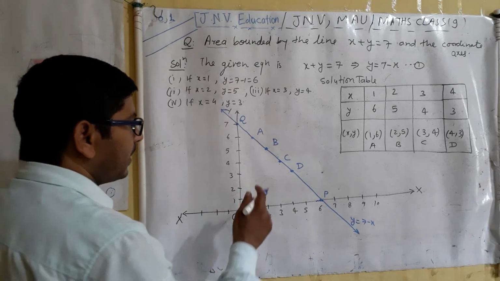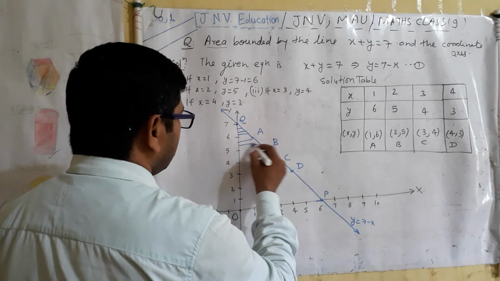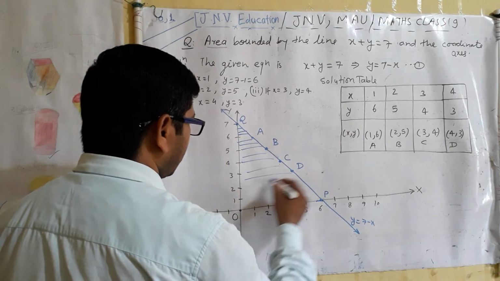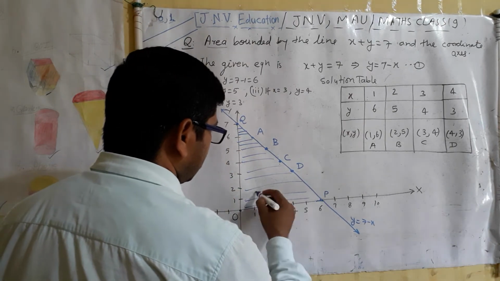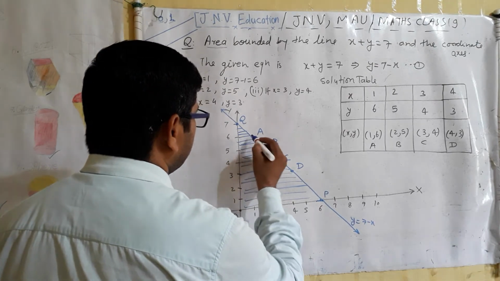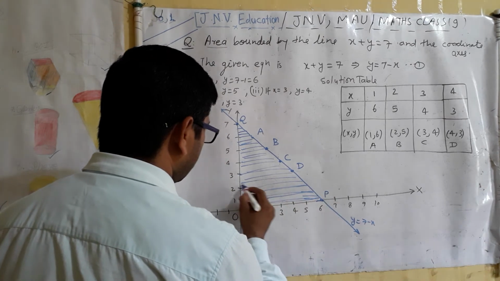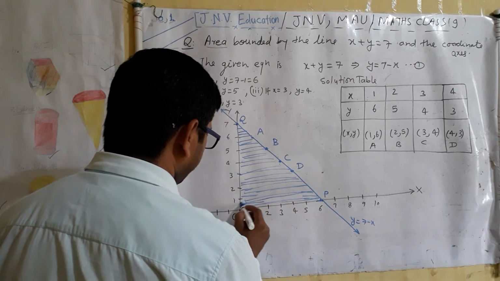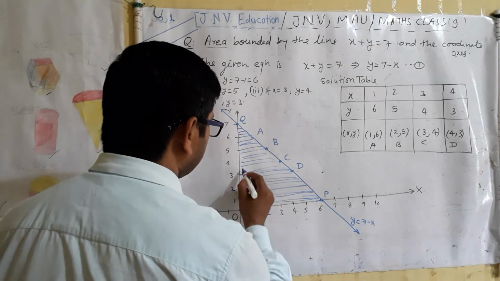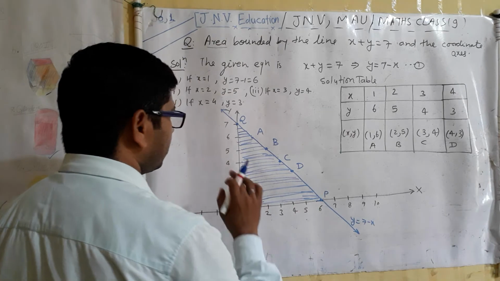Now the area bounded by this and the coordinate axis. So this is your area bounded by the linear equation x plus y is equal to 7 and what? Coordinate axis. This is x-axis and this is y-axis.